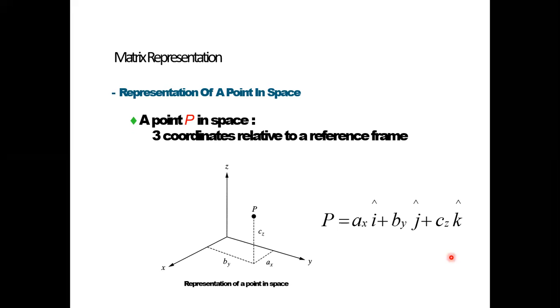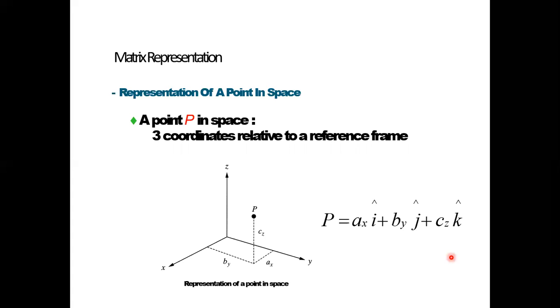Okay, so here we have an example: a point in a space. A point P in a space has three coordinates relative to a reference frame.